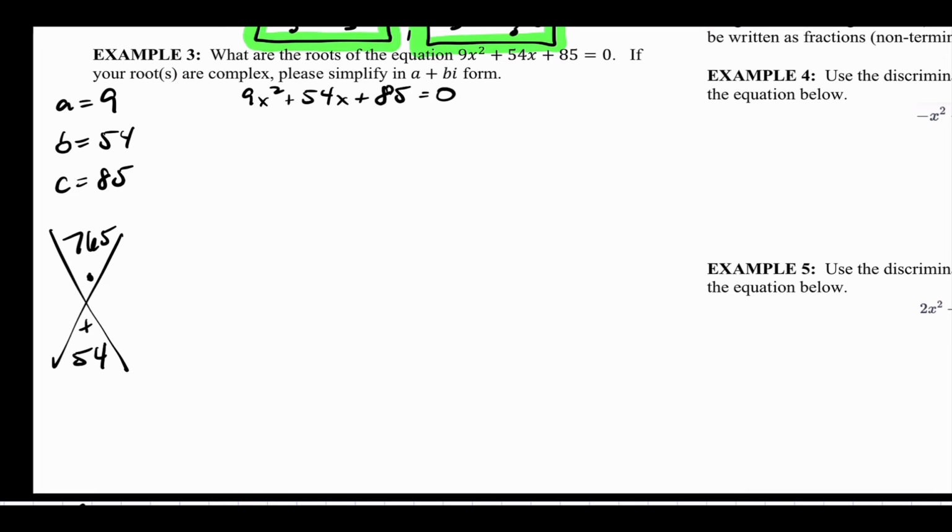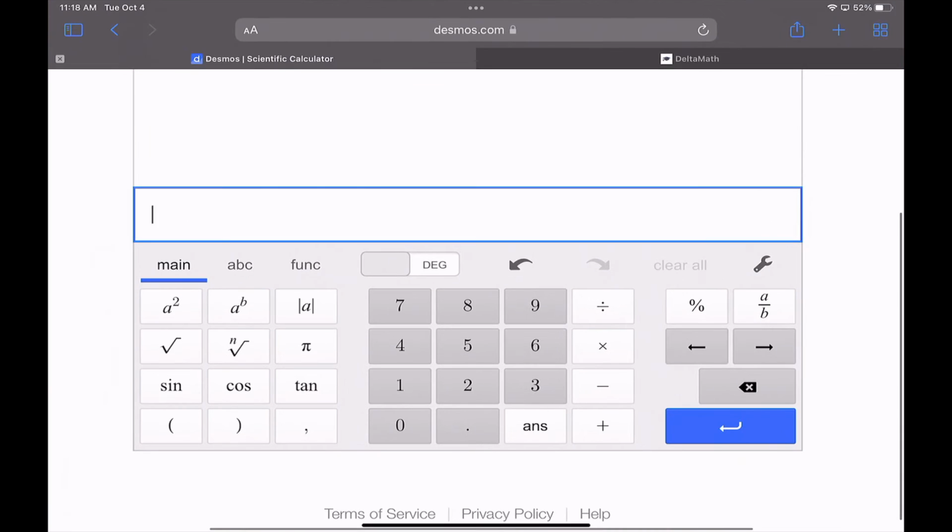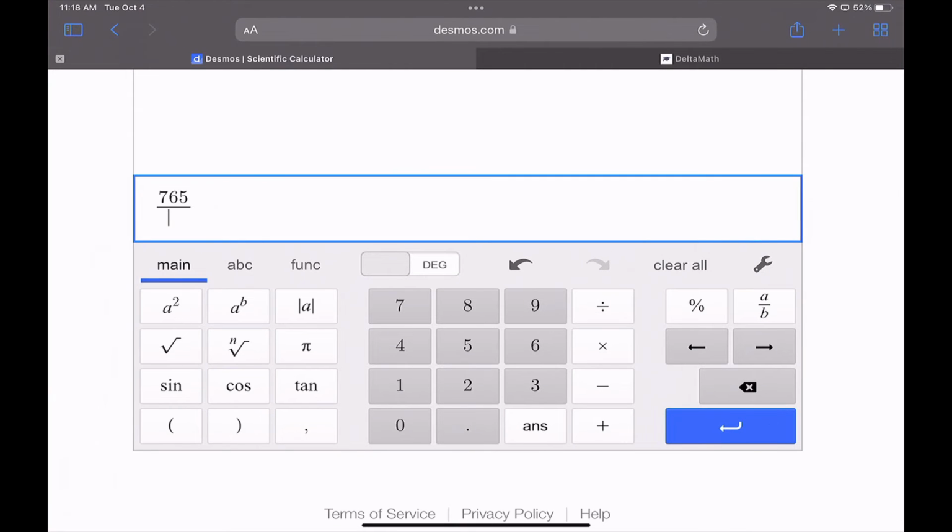So 765, let's see. 5, so 153 and 5. 765. 5 and 153. Let's try 15. 51 and 15.